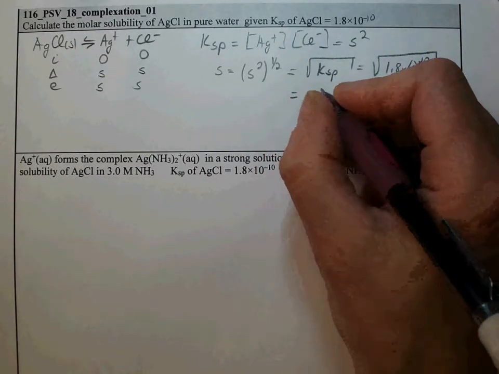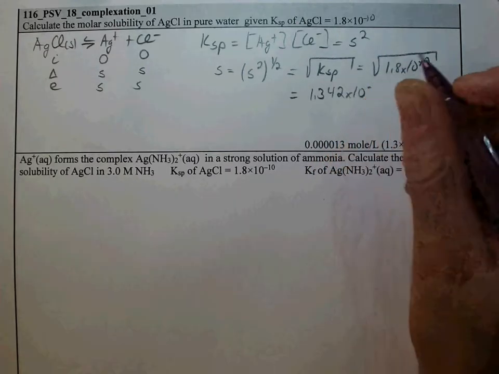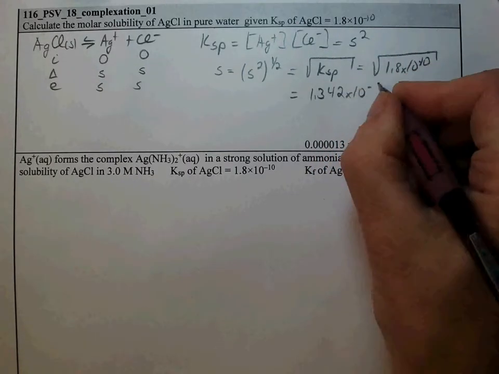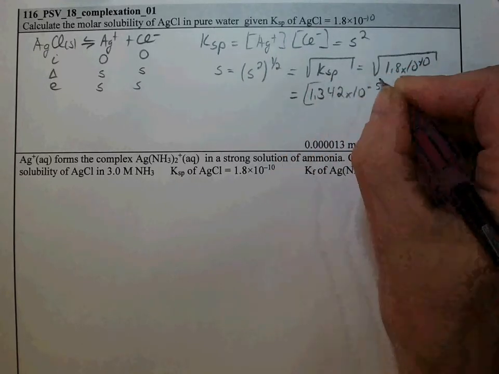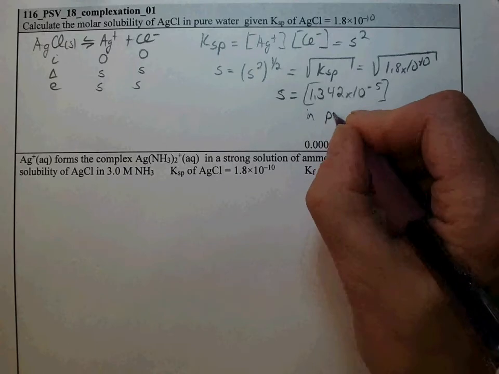And we get 1.342 times 10 to the minus 5 moles per liter. Okay, so that's our solubility in pure water.